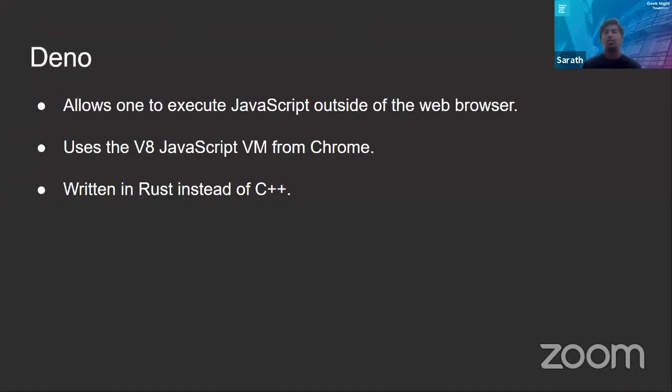And Deno was originally prototyped in Golang, then created in Rust, because Rust is getting more popular these days. Even Microsoft decided to rewrite some of their popular applications from C++ to Rust because of memory issues and memory management.